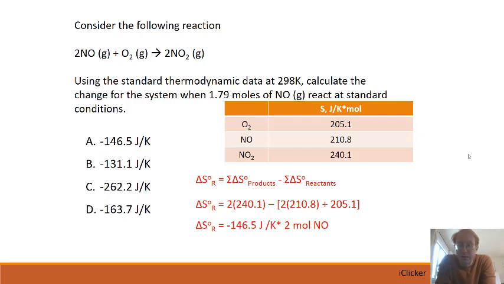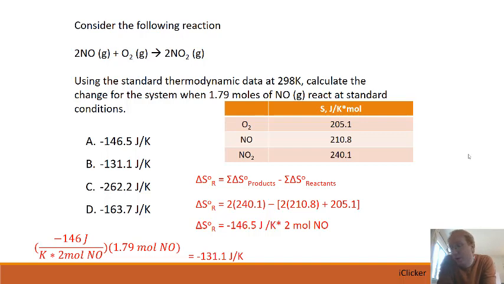So when I want to calculate just the amount for this reaction based on 1.79 moles, I simply take that delta S that we calculated and multiply it, because I need to get rid of that mole term. So basically this is negative 146 divided by 2 times 1.79, or negative 131.1 joules per Kelvin.